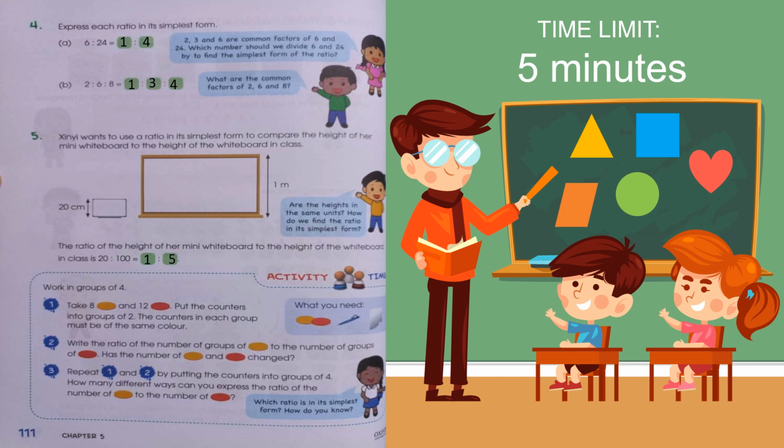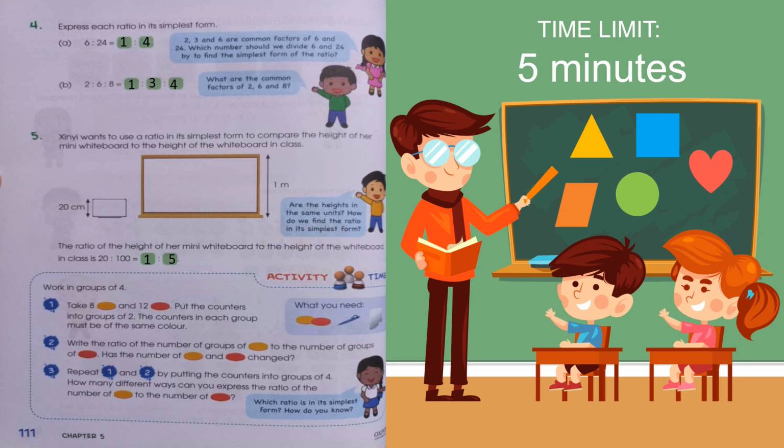So first we convert 1 meter into centimeters, and we know that 1 meter is equal to 100 centimeters. So the ratio of the height of our mini whiteboard to the height of the whiteboard in class is 20:100. Now in order to convert it to its simplest form, we are going to divide this ratio by 20, because both the numbers are divisible by 20. So we have 1:5 as our result.